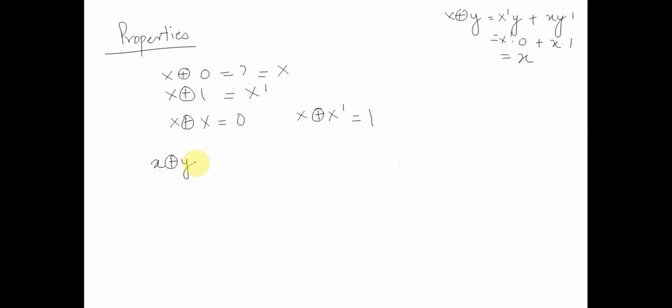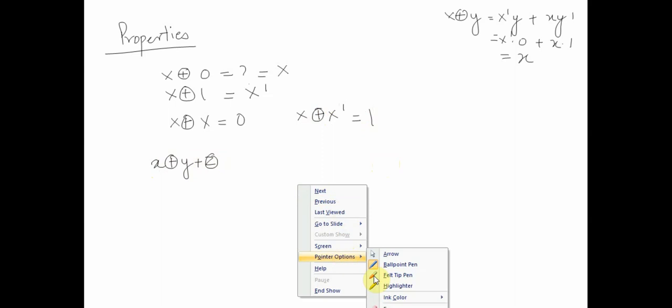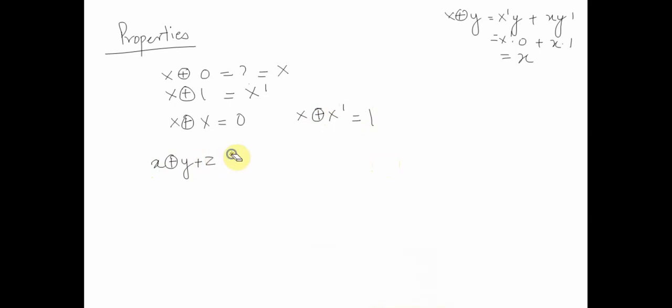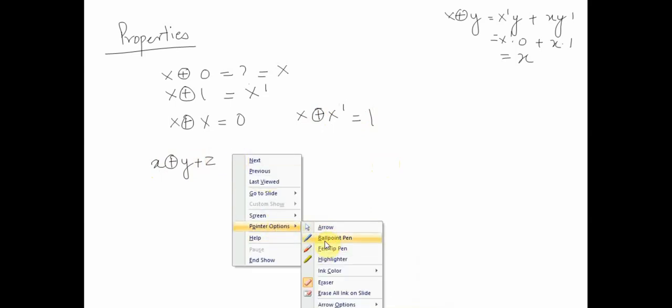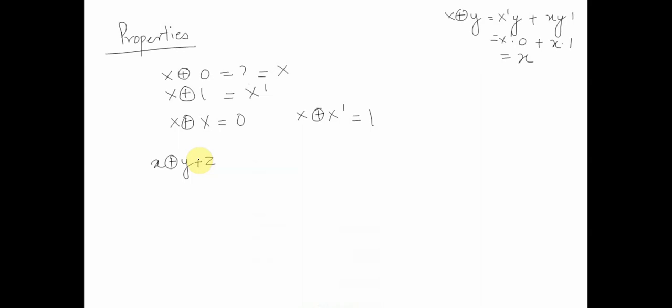XOR operations as well. So basically what I mean is, if we have three input variables, say we have X XOR Y, XOR Z, right? And we have associativity, where we simply say this is equal to X XOR (Y XOR Z), right?